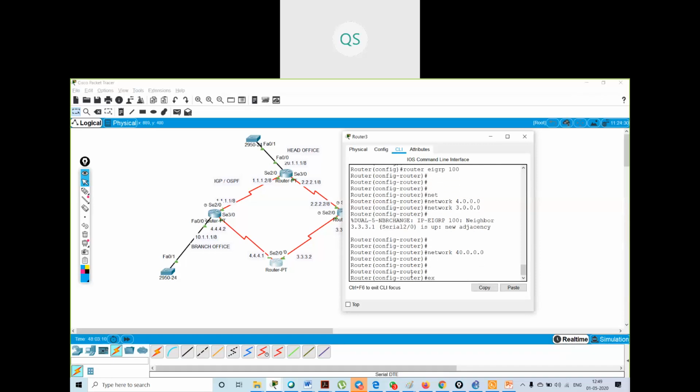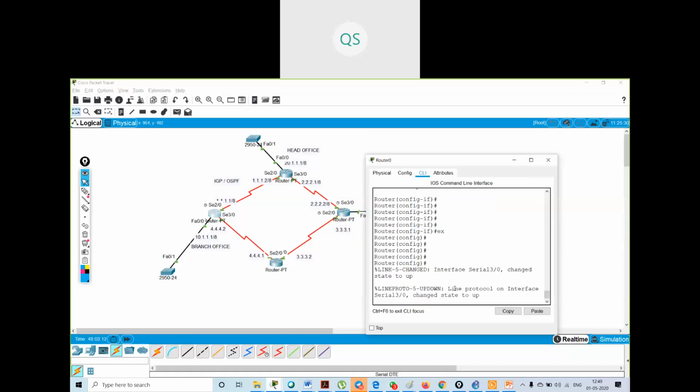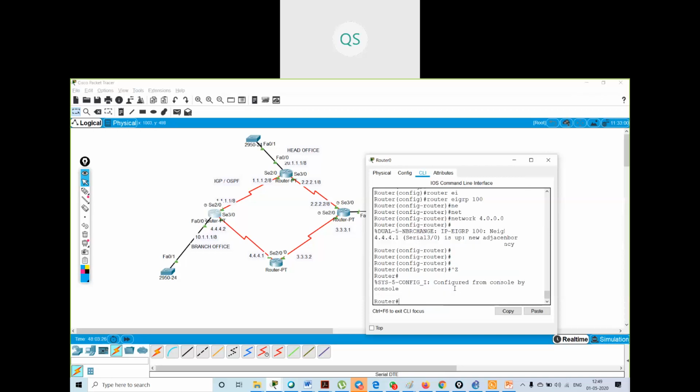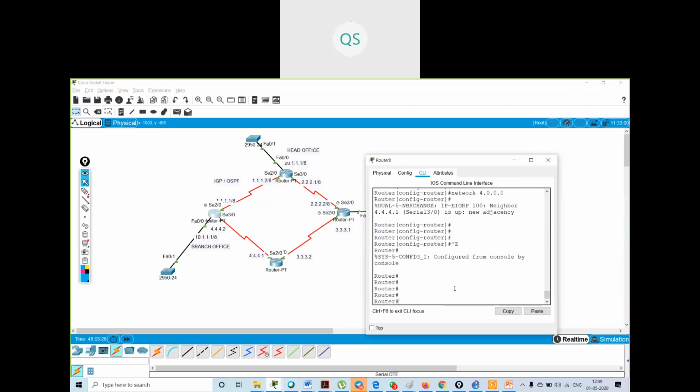Okay, exit. Then I will go on this router and advertise the 0.0.0.0 network. Router EIGRP 100, I will say network 0.0.0.0. Understood?